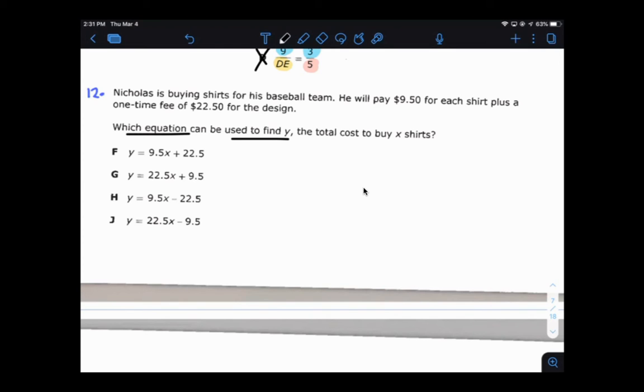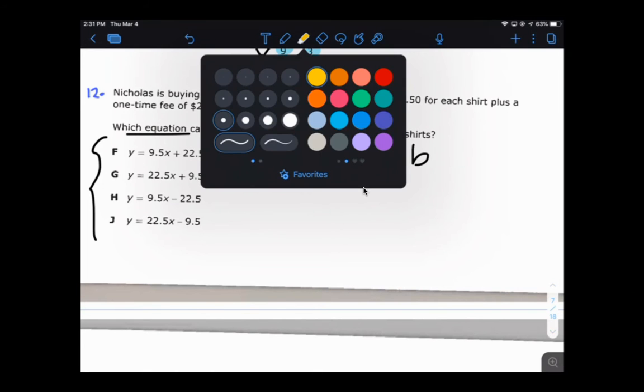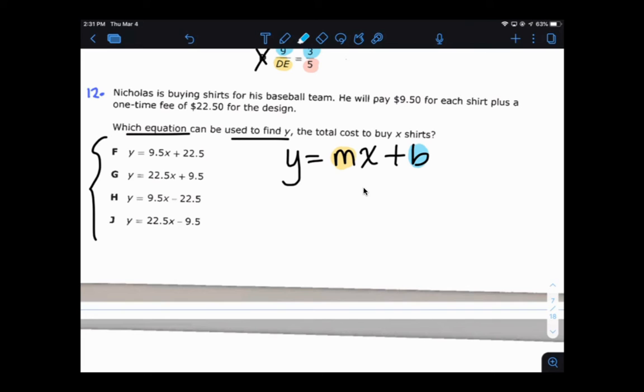So when I see the answer choices, I see that all of them have the equation type y equals mx plus b, where m represents a number, right? And b represents another number. So the key to identify which equation matches the story is to identify the constants, the numbers that go with the variable.